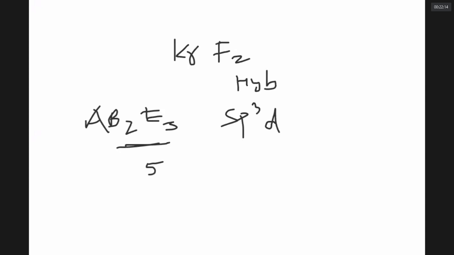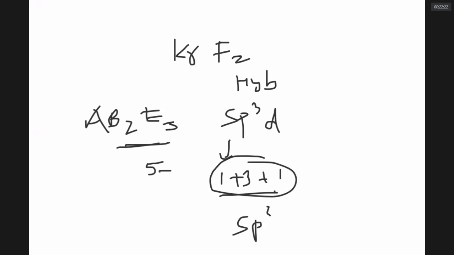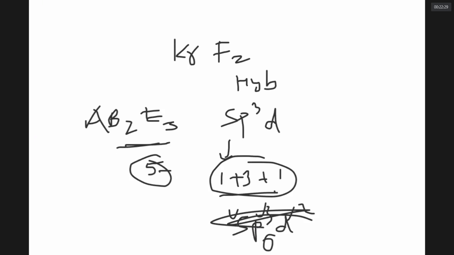You should count. There is one s orbital, three p orbitals, and one d orbital. Put together, it should be 5 only. You can't say sp3d2. If you say sp3d2, the total will become 6. You want only 5. Notice, sp: one s, one p, sum must be 2. sp2, sum must be 3.